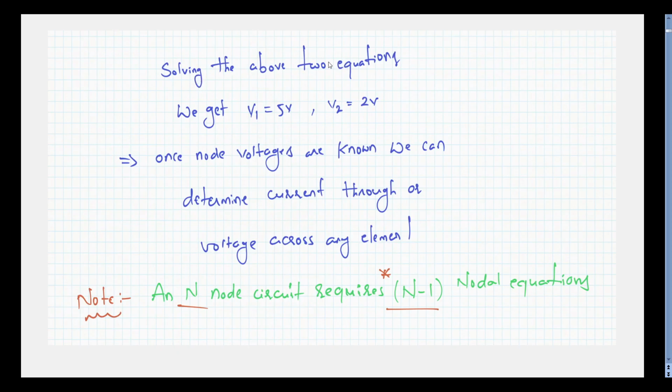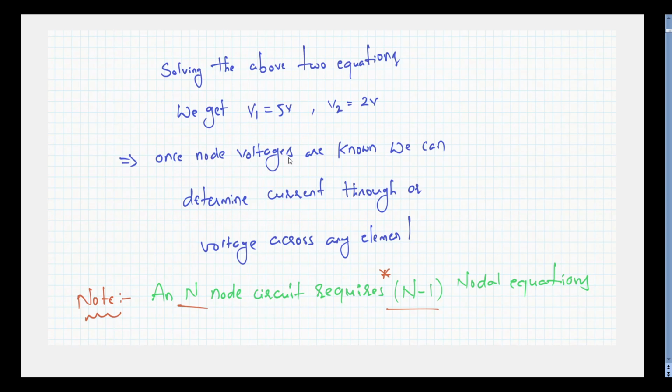Solving the above equations, we get V1 equal to 5 volts and V2 equal to 2 volts. Solving the equations is very easy. These are the node voltages.